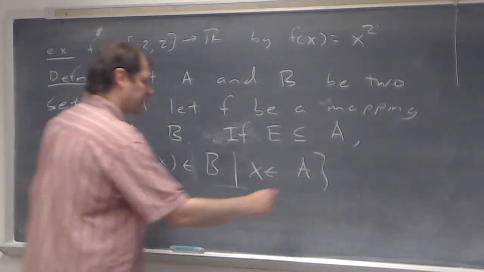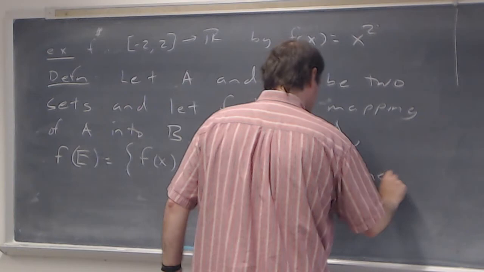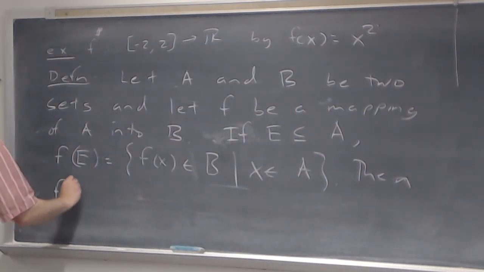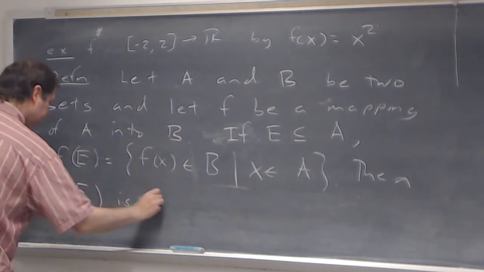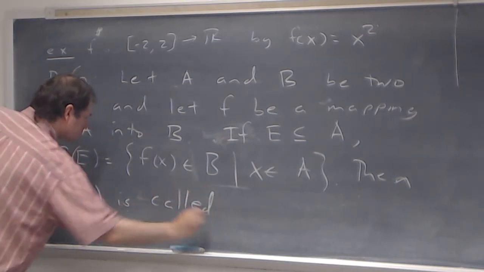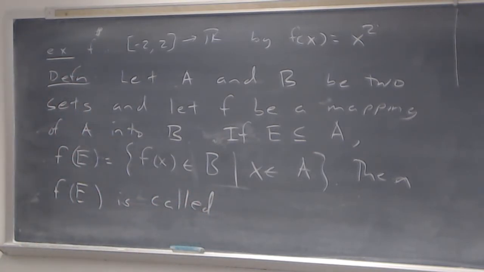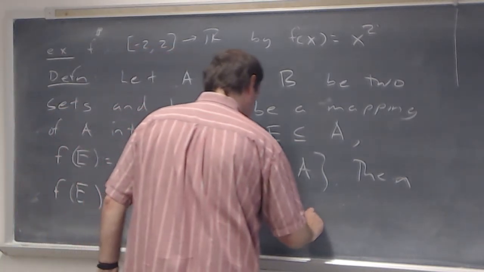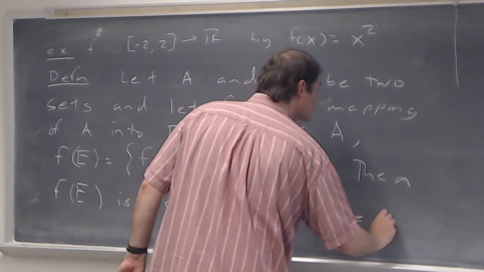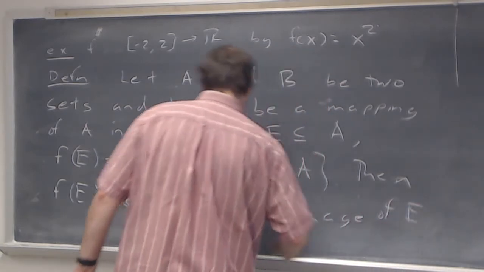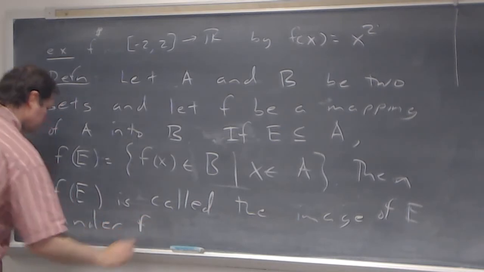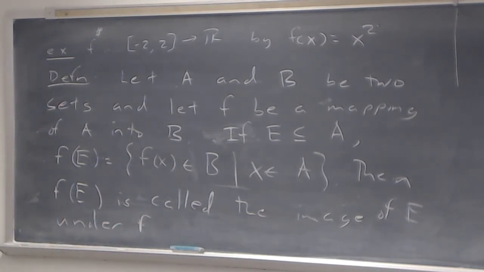And it's called the image of E under F. Okay?